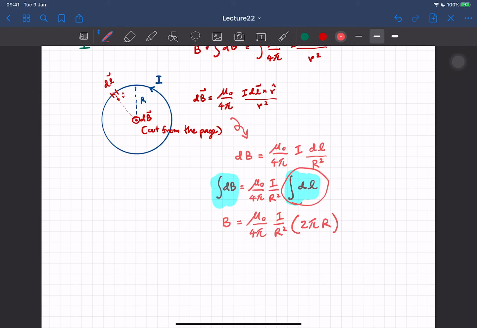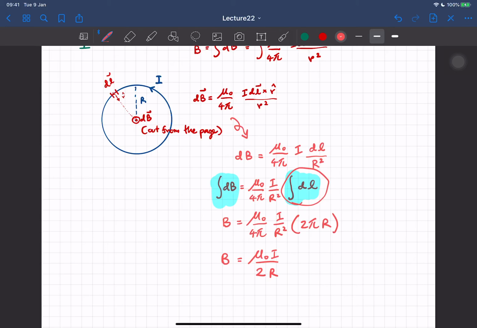So the blue thing becomes 2 pi r. So the magnitude of the magnetic field is just mu 0 I divided by 2r. And the direction is out from the page. Okay, we already figured that out already. So that's it. That's how we calculate the magnetic field at the center of the loop.